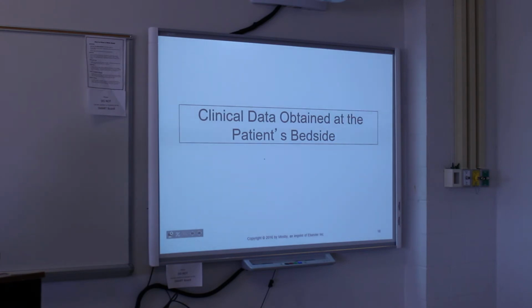So there are several bacteria that are listed for community-acquired pneumonia. But the one that I want you to be familiar with, and is probably the most common community-acquired pneumonia culprit, is Streptococcus pneumoniae.